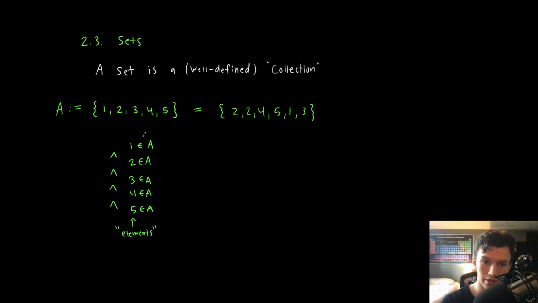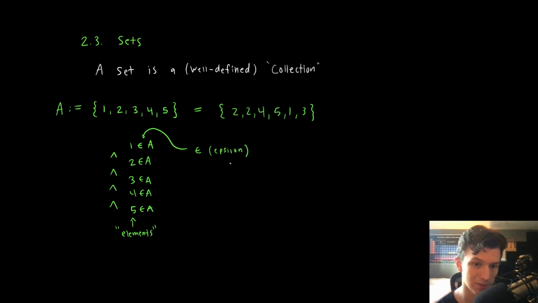And we use this little E-looking thing. It's the Greek letter epsilon, okay, which can be typefaced in a variety of ways. So epsilon is the relation between sets and elements, okay?